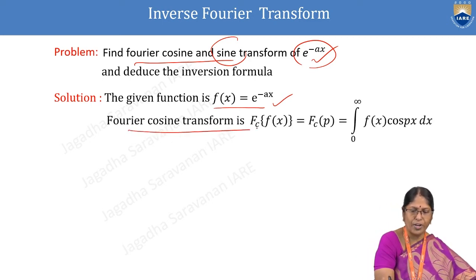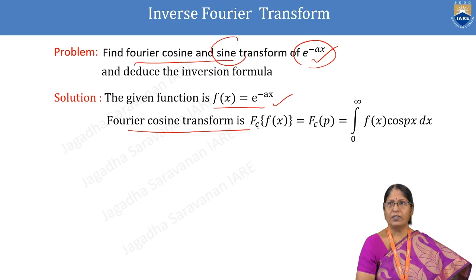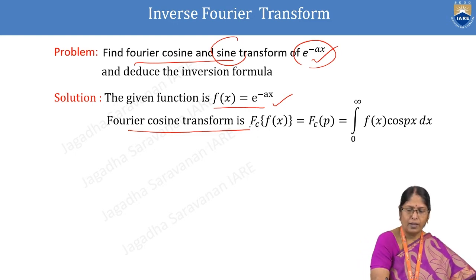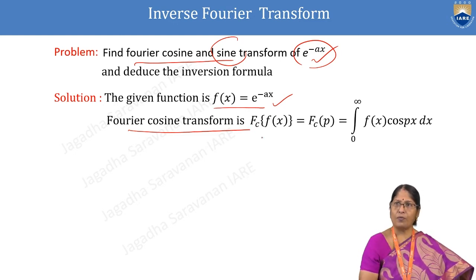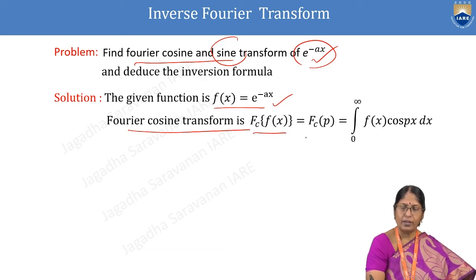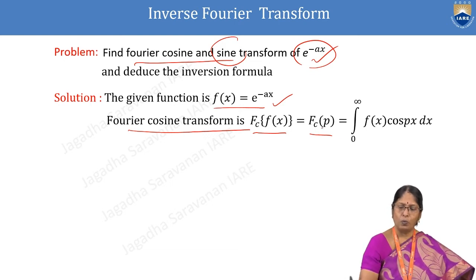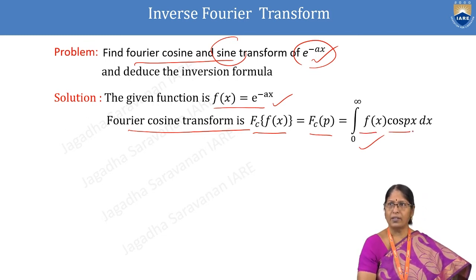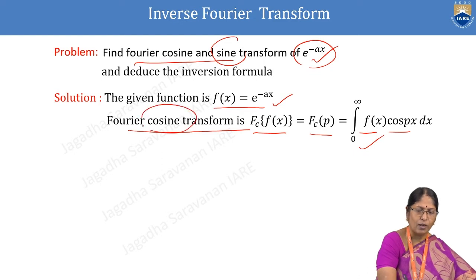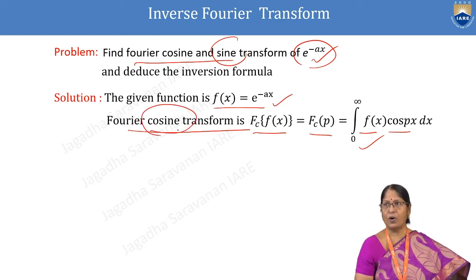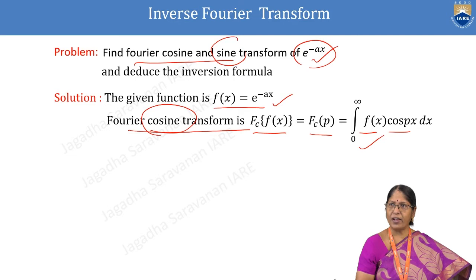We know the Fourier cosine transform formula: capital Fc of f of x, or in another way, capital Fc of p, is nothing but the function multiplied by cos px. The reason is ours is the Fourier cosine transform. If it is the sine transform, we will multiply by sin px.